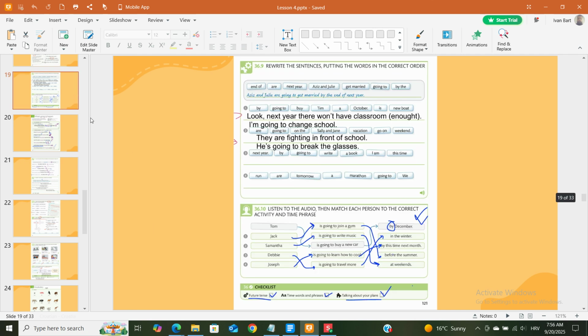36.9 Rewrite the sentences, putting the words in the correct order. Aziz and Julie, get married, going to, by the end of next year. Aziz and Julie are going to get married by the end of next year. Tim, by, going to buy, October, a new boat.